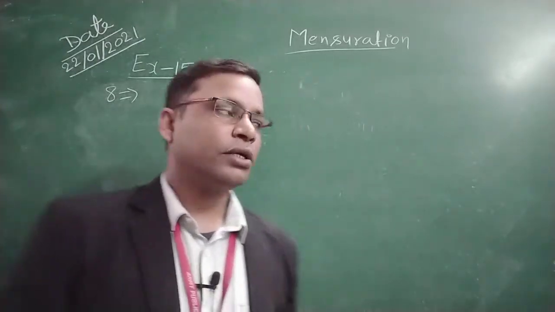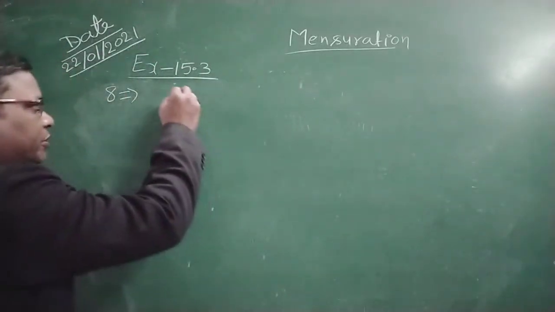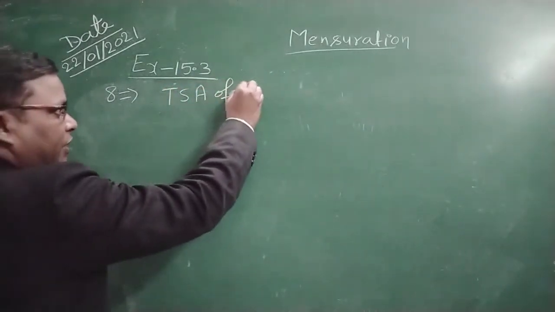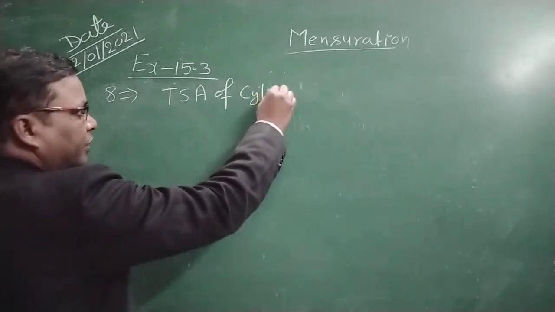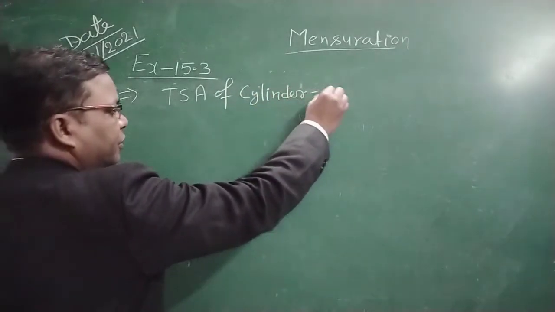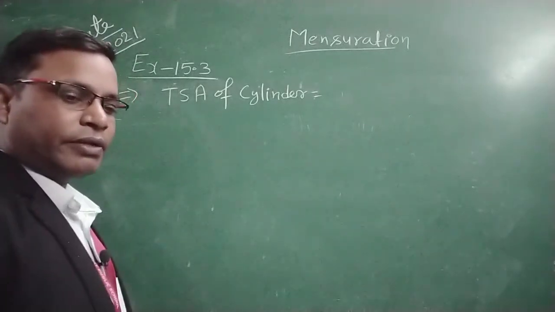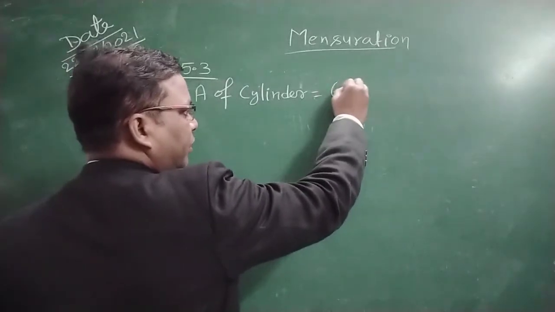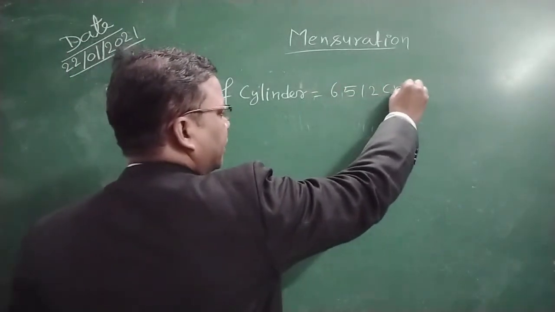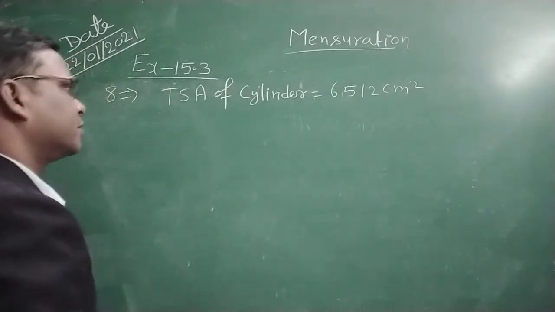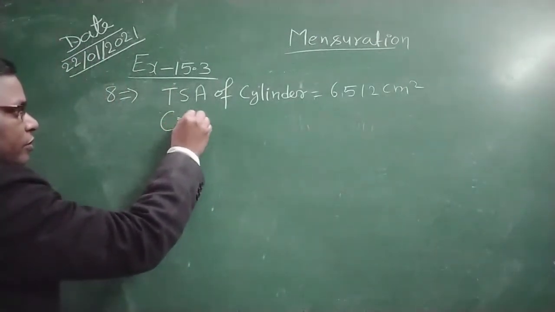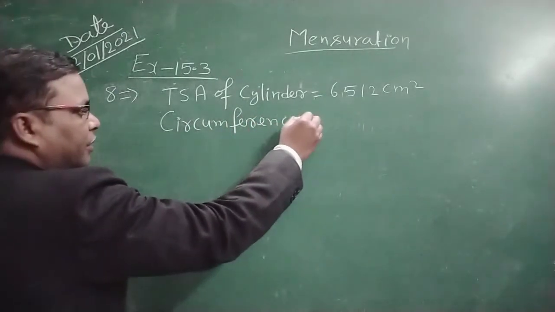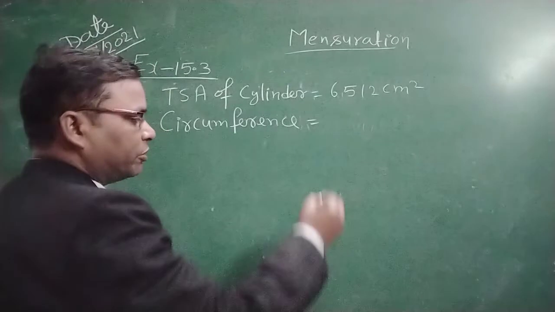So here TSA, total surface area of the cylinder, is given as 6,512 centimeter square. The circumference of the base of the cylinder is given here as 88 centimeter.